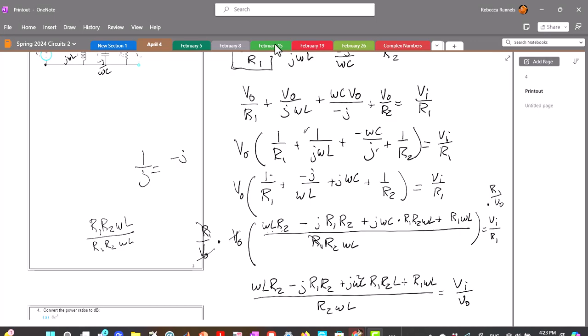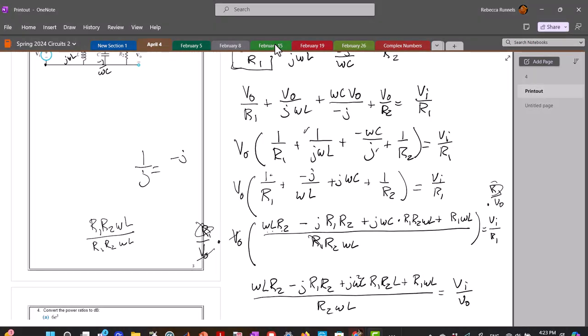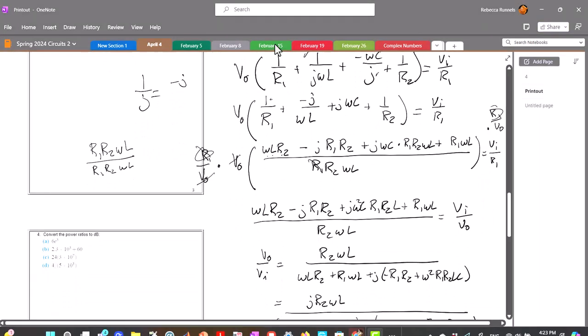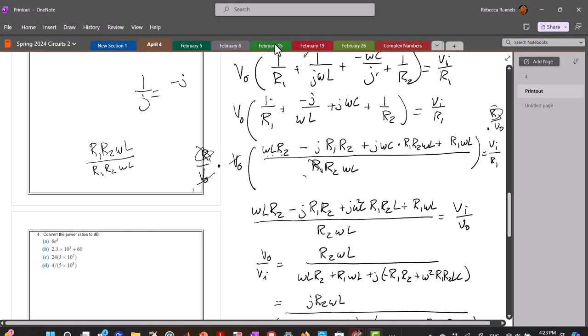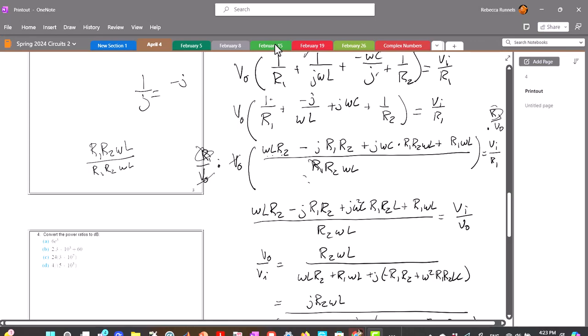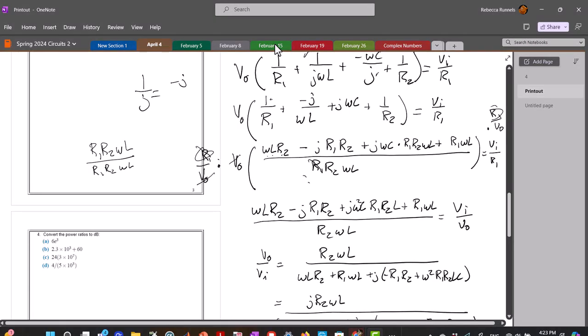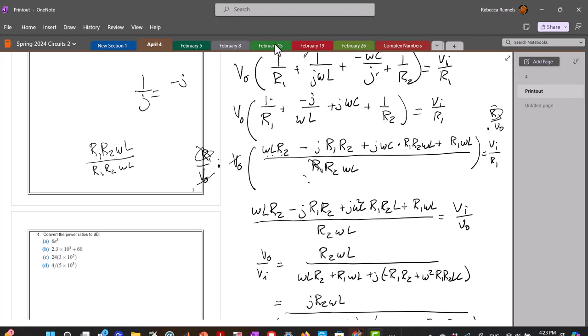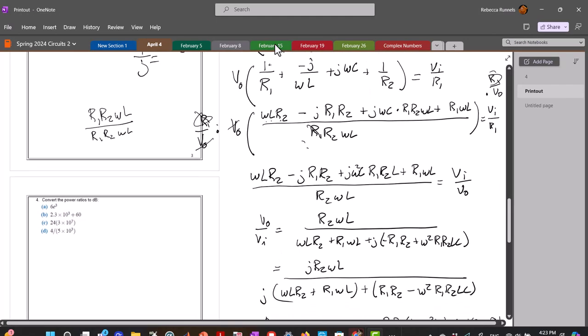So then I had that big fraction on this side times Vo over Vi over R1, and then I'll multiply both sides by R1 and divide both sides by Vo. When I do that, the R1 cancels out of the denominator here, and this Vout cancels, and I get this fraction, but then I realize I have it upside down. I need Vo over Vi, so just flip the whole thing upside down.